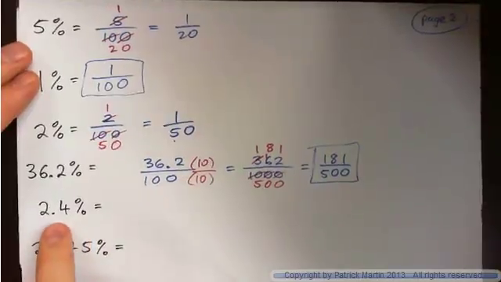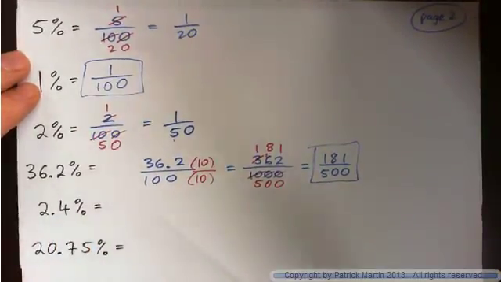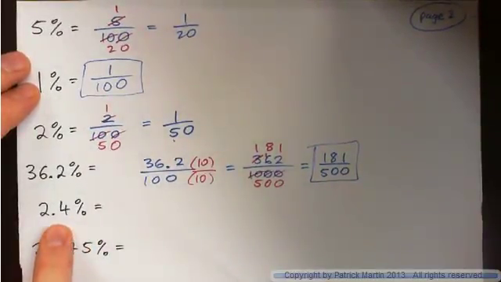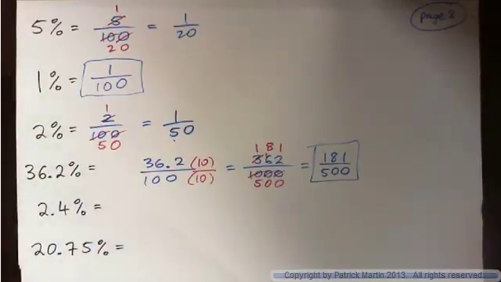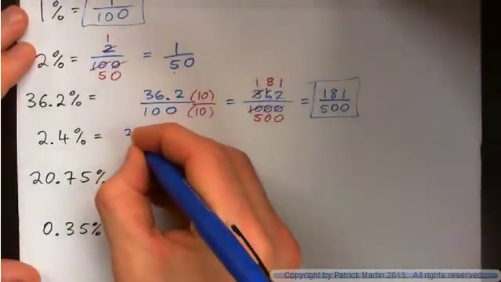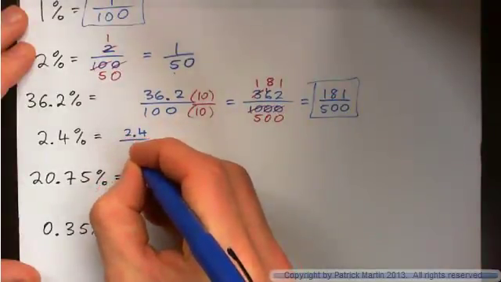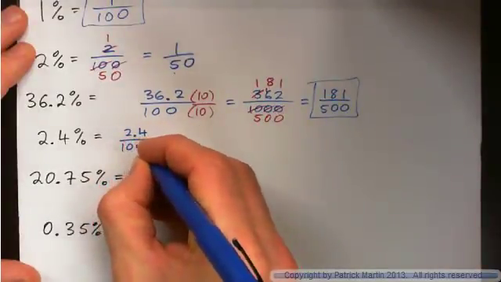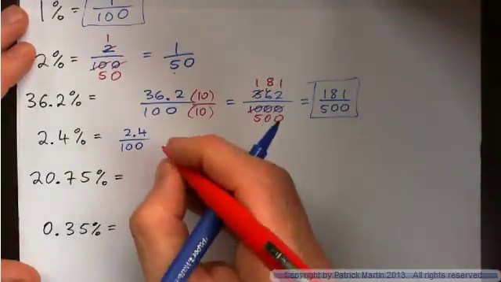How about 2.4%? By all means, press pause and try this one yourself if you like. I'll do it slowly anyway. So 2.4% is 2.4 divided by 100, right? Per 100%.